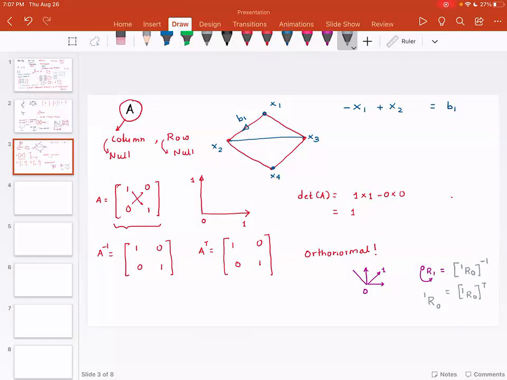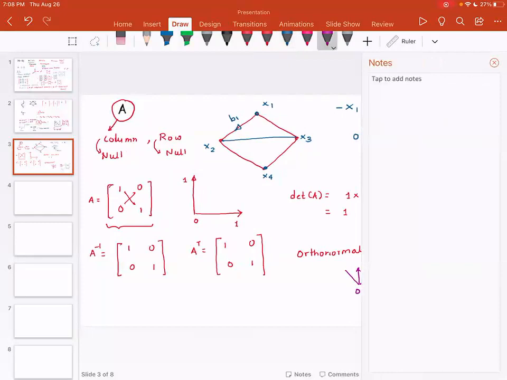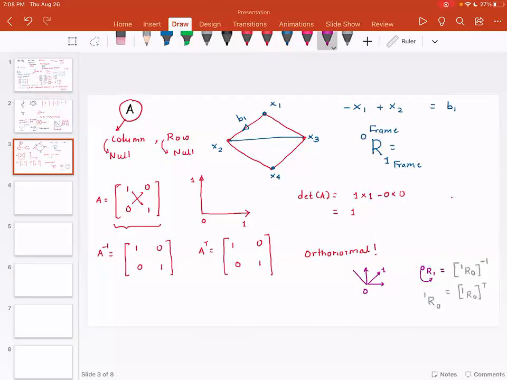So clearly, that's why I said bear with me if you are in this class but not in the robotics class. R01 is a rotation matrix wherein you are going from the 0th frame to the first frame. Now, if you want to go from the first frame back to the 0th frame, you have to invert the rotation matrix.